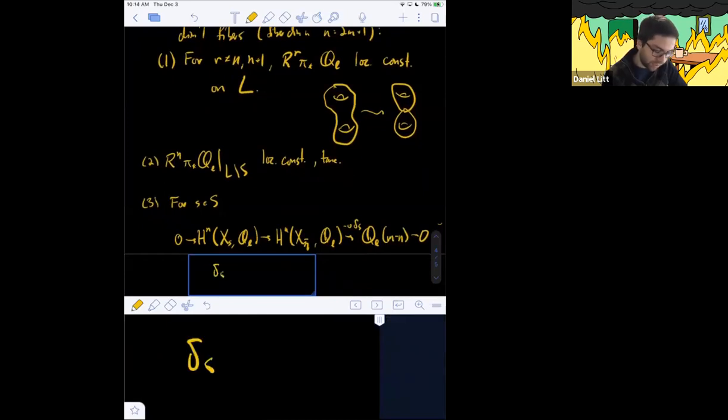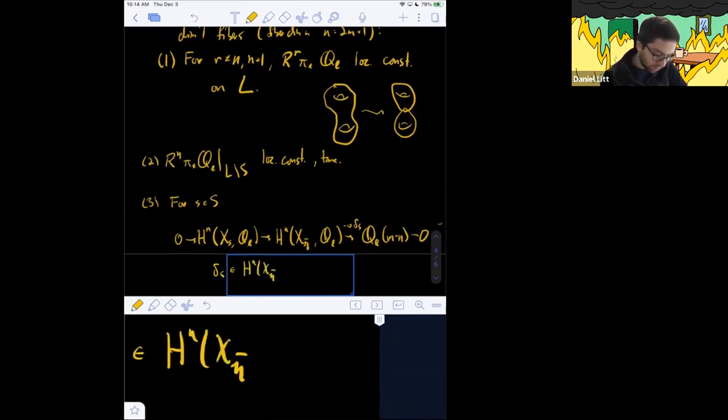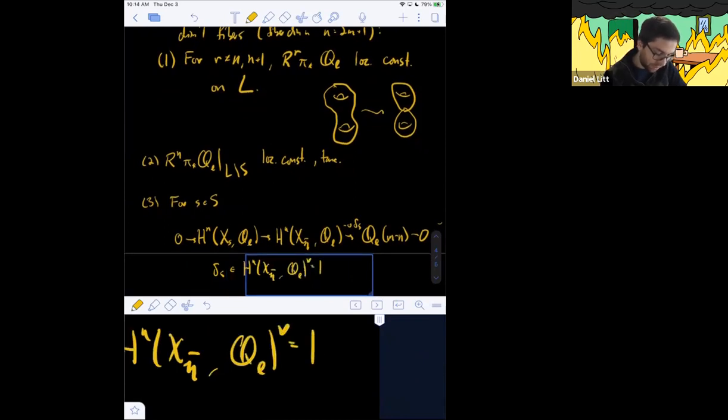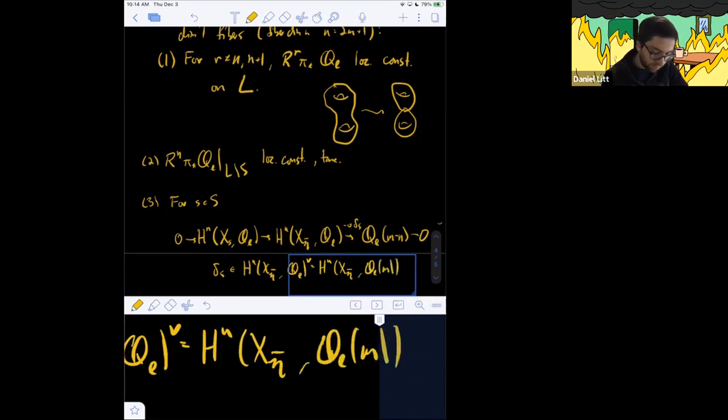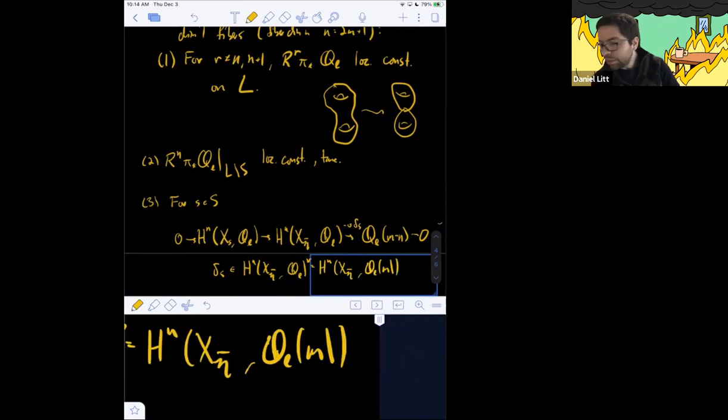Here delta S is in H^n of X_eta, QL dual. Well, that's just the same as H^n of X_eta bar. Let's see, I think it's just QL of m. Is that right? QL of m or QL of n?